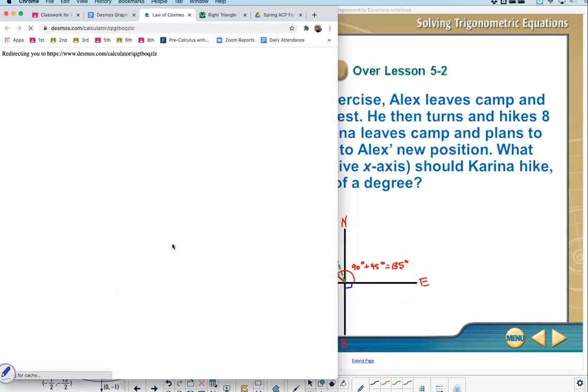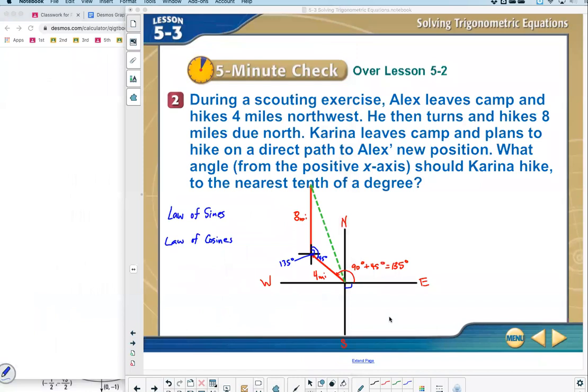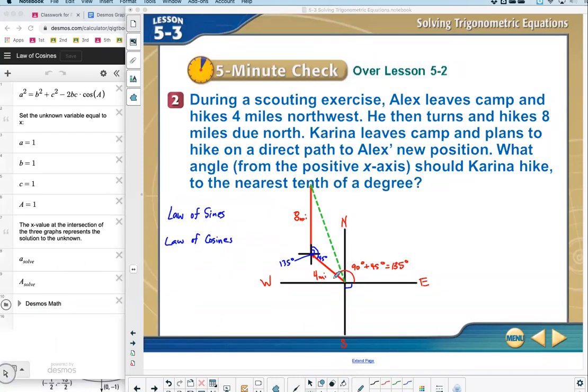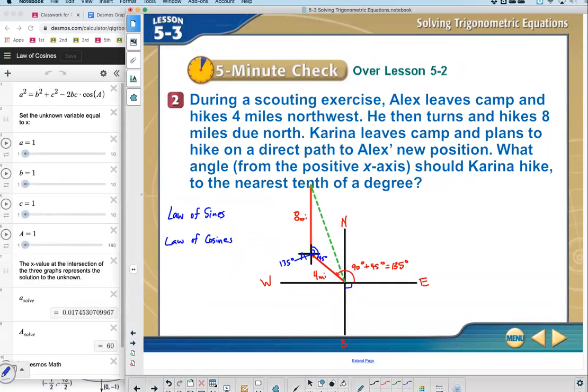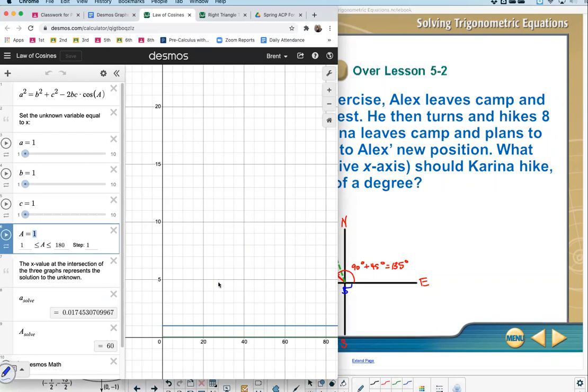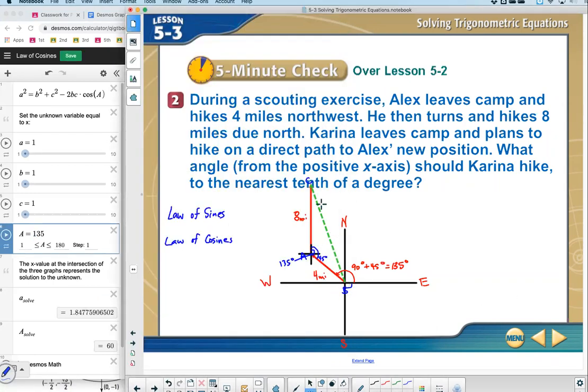So I use this without a completed set or pair. And here's how I'm going to label this. I'm going to call this one the capital A here. This I'll label as B, and this one I'll label as C. It doesn't matter how I label them other than for my calculator, I have one angle that needs to be the A. Okay, so this is 135 degrees. We do not know little a, but I do know little b will be 8.